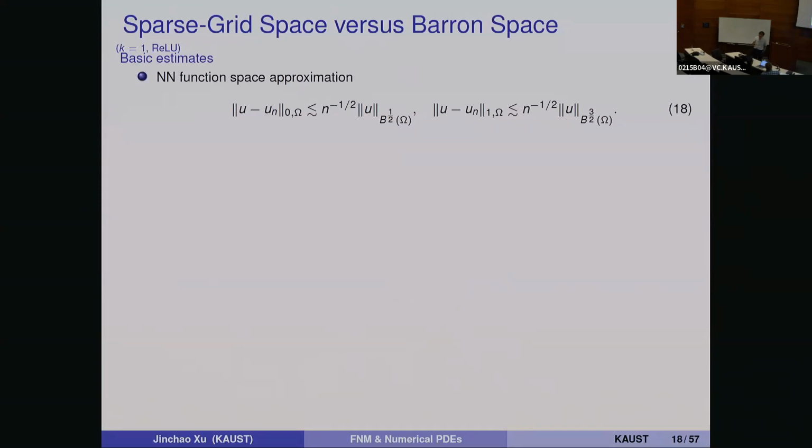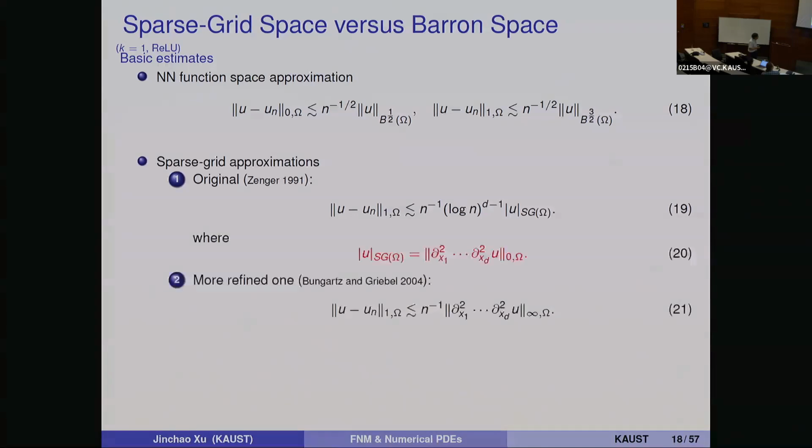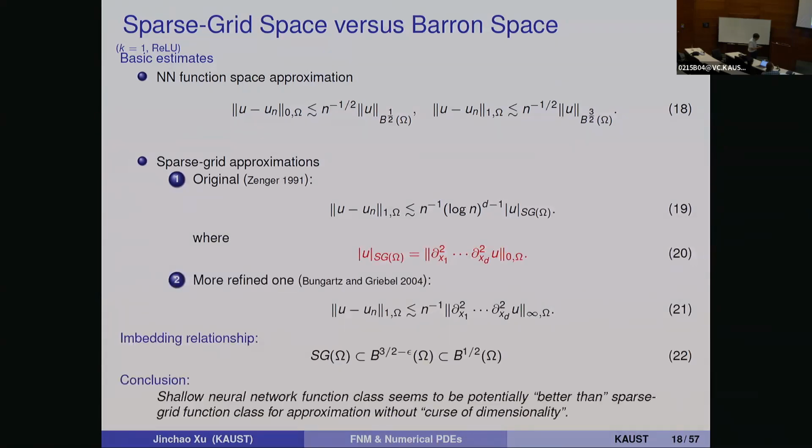But there's something with high dimension. One of the favorite things people do is sparse grid. I actually play with the sparse grid, and I'm going to compare with it. The main conclusion I want to make here is, theoretically speaking, this involves some embedding theorems.